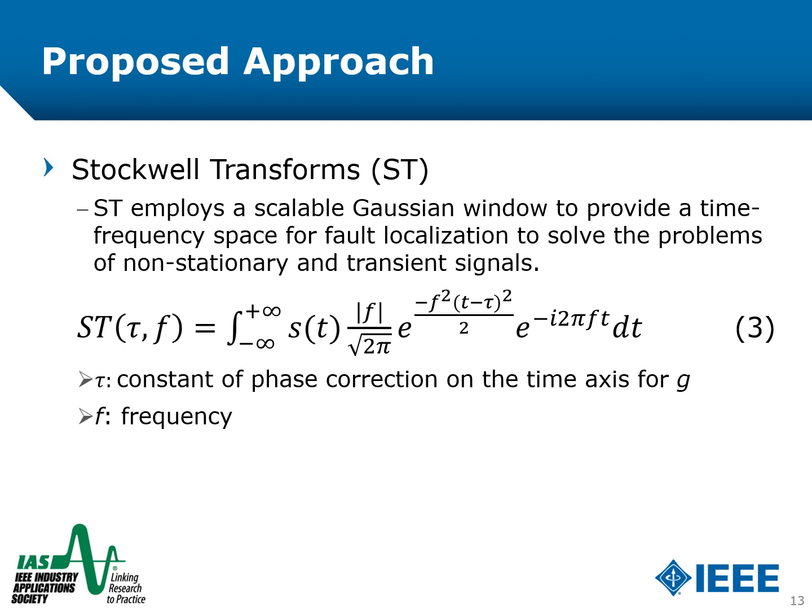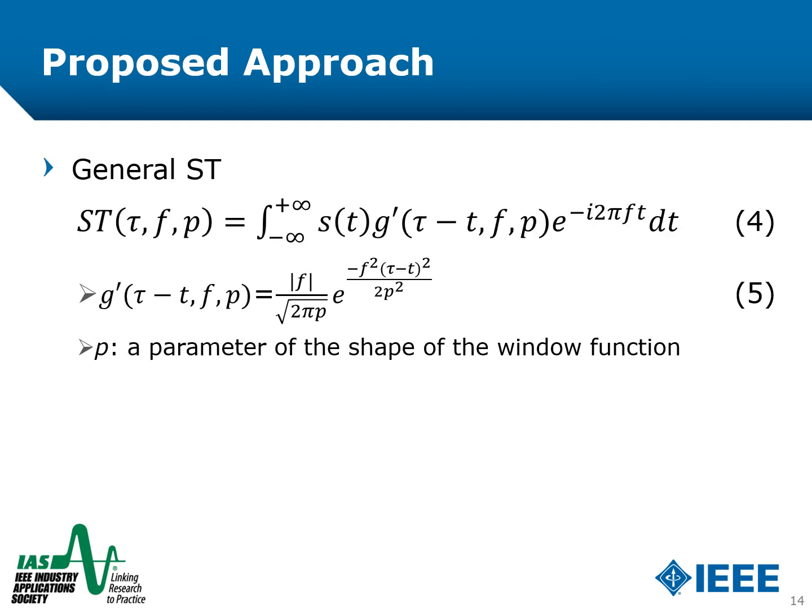In this equation, tau is a constant of phase correction on the time axis for the Gaussian function, and f is the frequency. Equation 4 is a general Stockwell transform by utilizing a generalized window function. The generalized window function is equation 5, where p is a parameter of the shape of the window function.